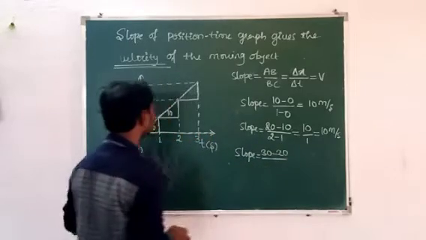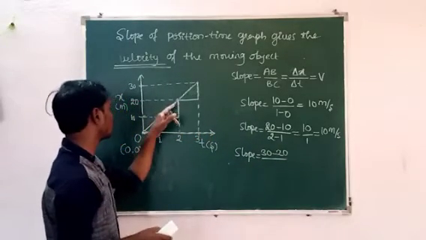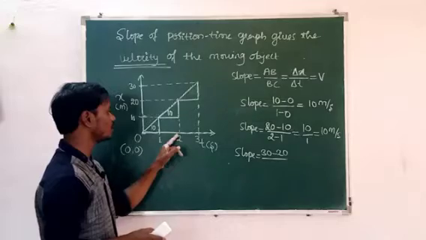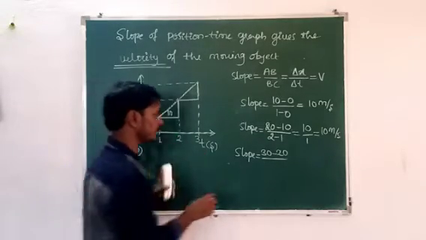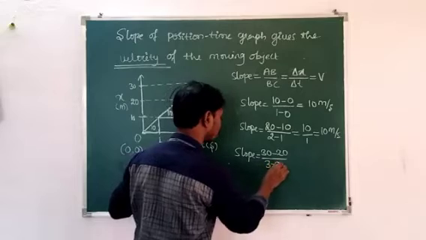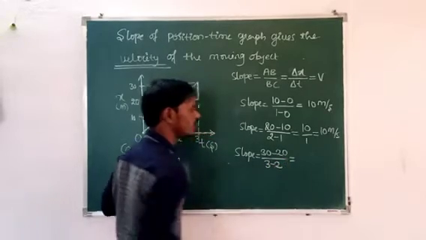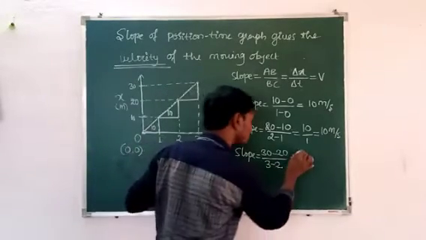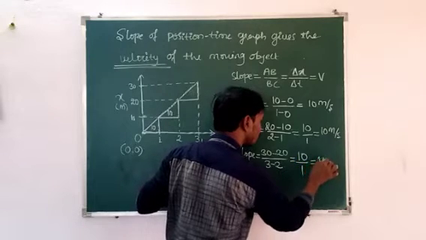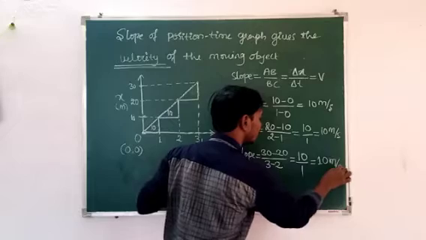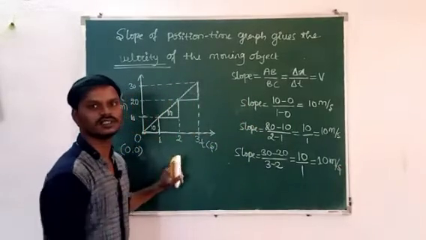Then what is the time taken to cover the distance from 20 to 30 meter? That is 2 to 3 seconds. Then the time interval is how much? 1 second. That is 3 minus of 2. Then 30 minus 20, that is 10. 3 minus 2, that is 1. Then it is 10 meter per second. Then we can say the object is moving with uniform velocity.